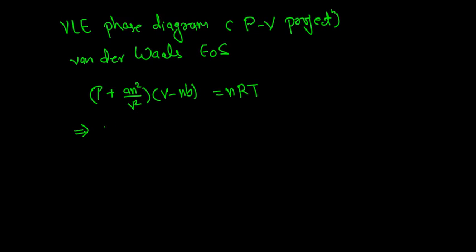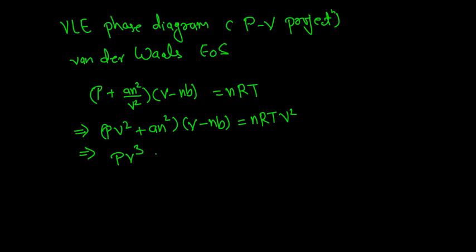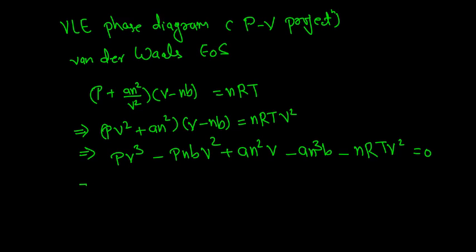I can multiply the whole expression by V squared, so it will be (P V squared plus a n squared)(V minus nb) equals nRT V squared, and I can further simplify this as PV cubed minus Pnb V squared plus a n squared V minus a n cubed b minus nRT V squared equals 0.